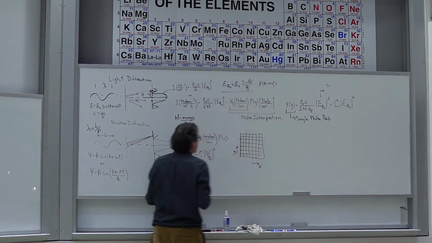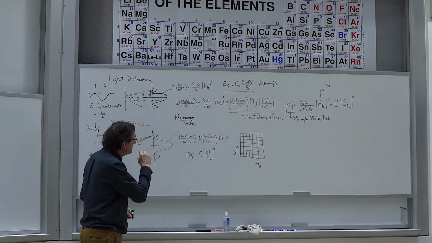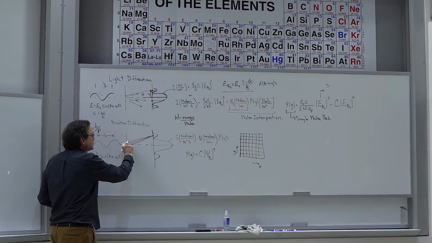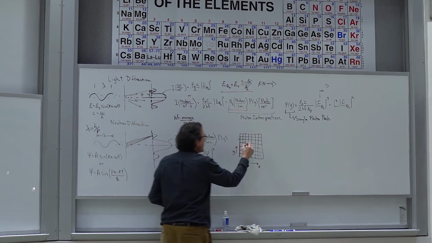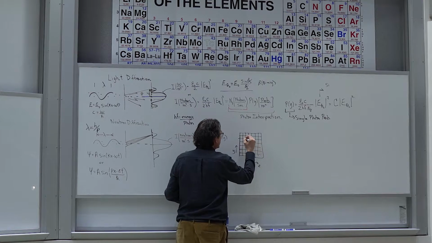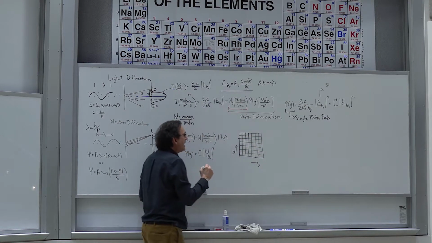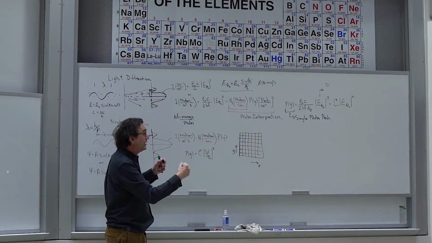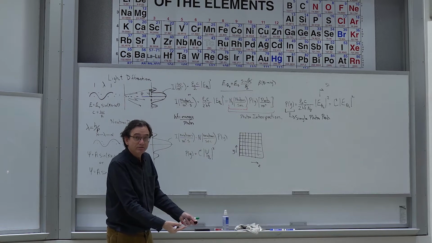Y is the vertical axis. Then every neutron that gets through here is going to land in one of these squares. It's going to land here, it's going to land here, it's going to land here. And every time I let a neutron through, it falls somewhere on that screen.